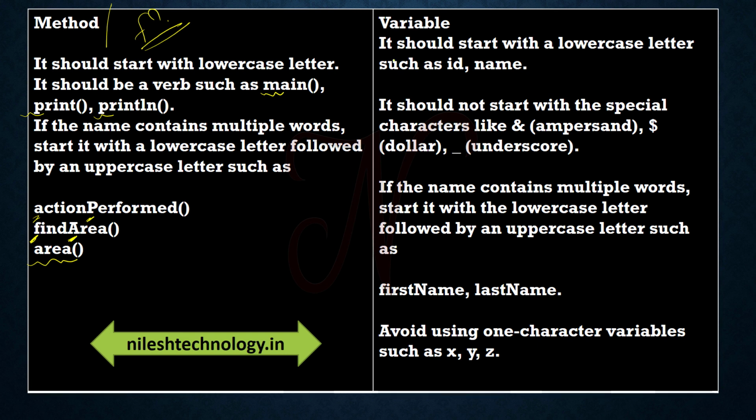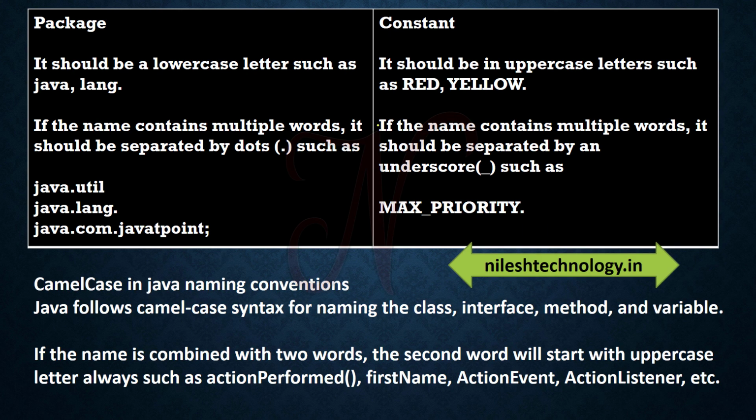Then variables. Variables also follow the same rule: first letter is small, next words' first letters are capital. Variables can also use underscore or some currency symbols or characters. Then package and constant; we discuss this concept later.